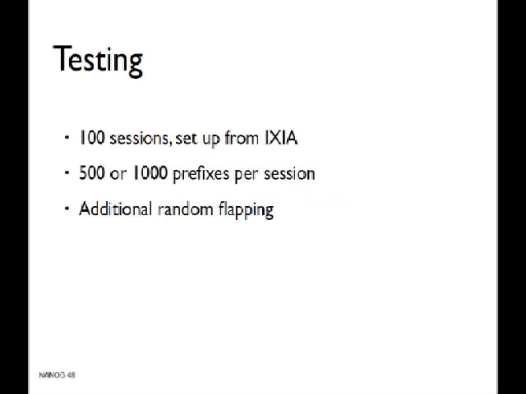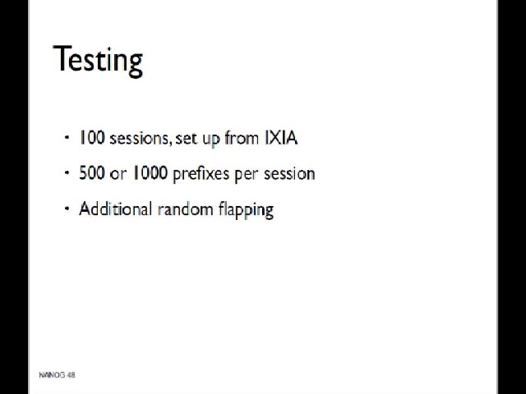Scalability. This is where you really start to see the difference between the three. For the base testing, with the graphs that we have here, we set up 100 BGP sessions from Ixia, with 500 or 1,000 prefixes, and then we generated random flaps throughout the evening and overnight, to see what would happen as we tried to generate as close to a lab condition as we could get to a large-scale internet flap over a period of time.